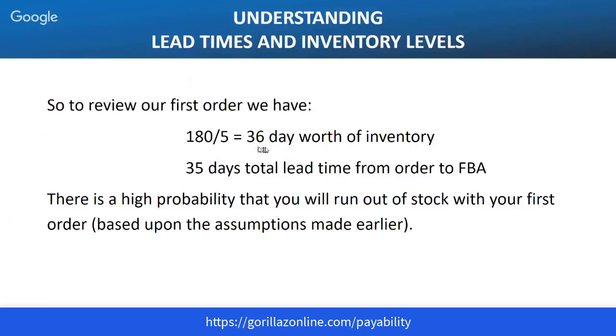We've got 36 days worth of inventory, and we know that our lead time is 35 days by the time we place that initial down payment, and all of the process is done and we get products into FBA. So we've got 1 day float. There is a high probability that you will run out of stock with your first order based upon the assumptions made earlier.